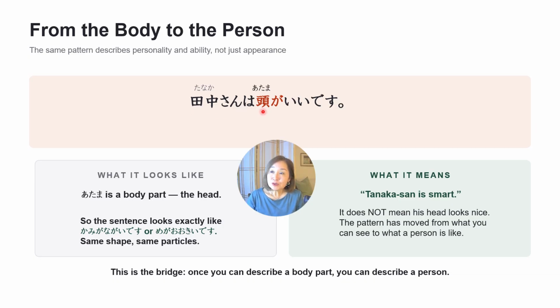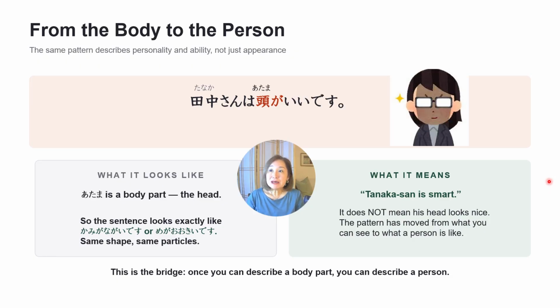X は Y が adjective. But here's the interesting part. 頭がいい means smart or intelligent. It does not mean that Tanaka-san's head looks nice. So we've gone from describing something we can see, like hair or eyes, to describing what a person is like.